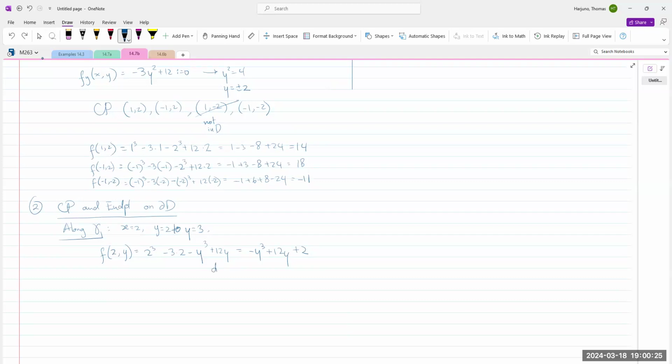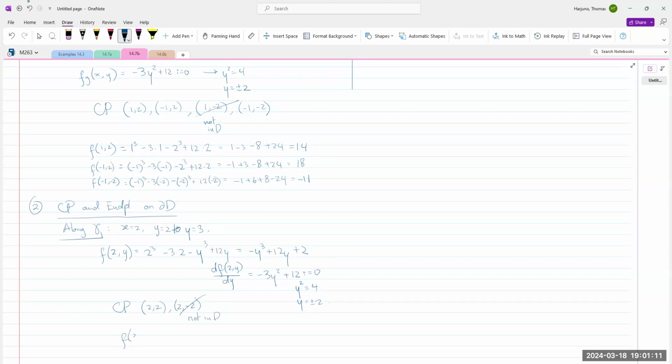So the derivative with respect to y will be negative 3y squared plus 12. When I set that equal to 0, I get y squared equals 4, so y equals plus or minus 2. So the critical points are 2 comma 2 and 2 comma negative 2. But 2 comma negative 2 is not in the domain D. And 2 comma 2 happens to be an endpoint also.